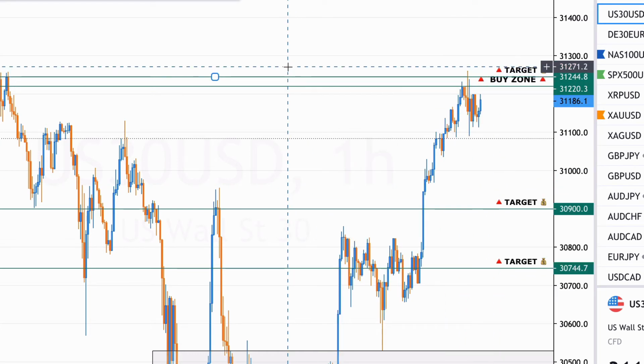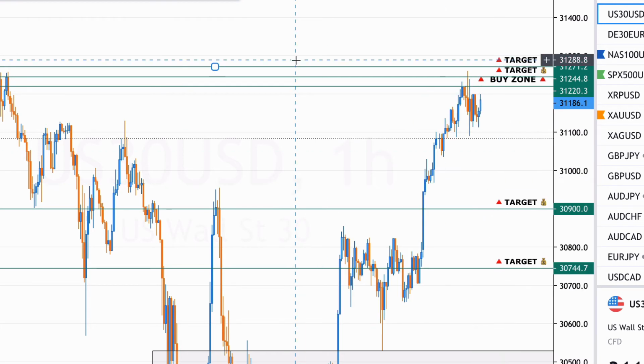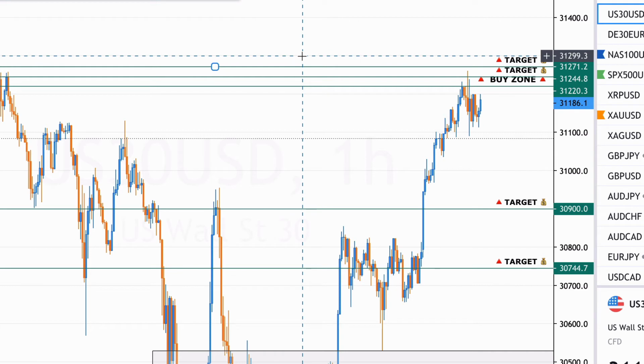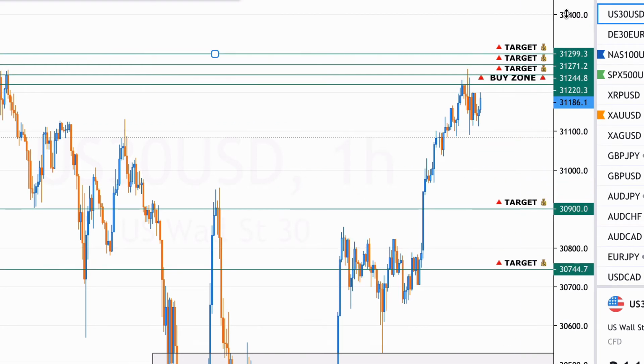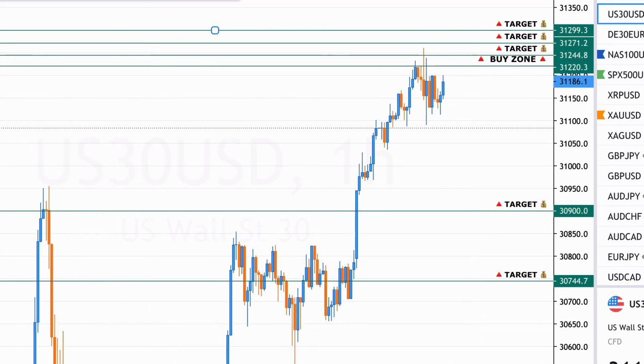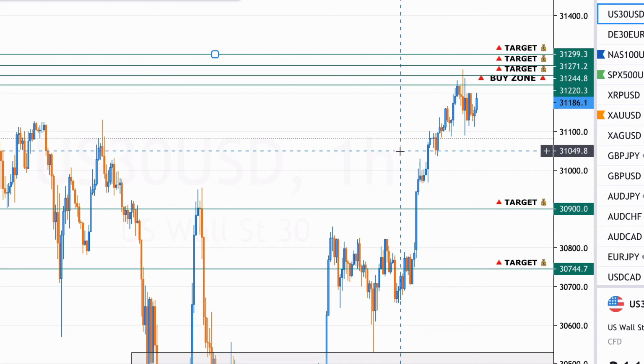We'll take these for potential target, and we'll take the high for potential target. Anything beyond that, we need to do fibs because it's never been that high.